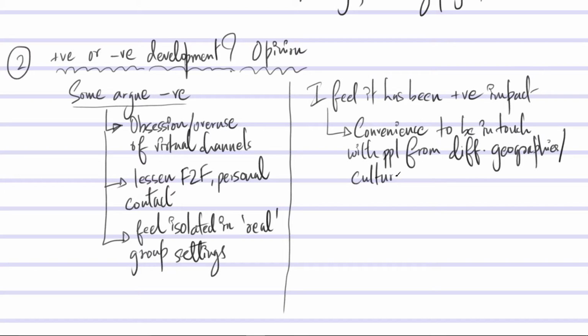That's a very important point. We couldn't have interacted or connected with people from all over the world, having different lifestyles, different cultures, had we not come across such technological changes in the way we communicate. So that is one.